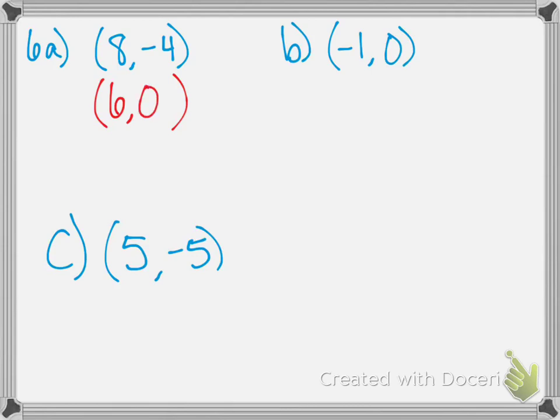I agree. What about on point B? -3, 4. Good. And on point C? 3, -1. Okay, so that's a lot like what we were doing in our warm-ups. Just following a rule to identify what the new point would be.